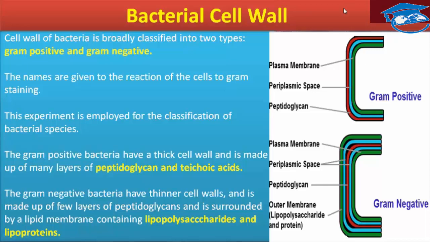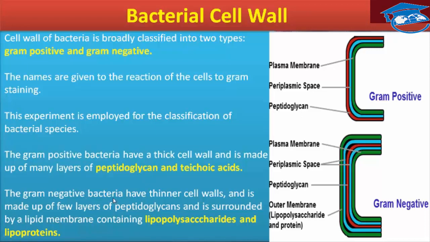And this is peptidoglycan. Peptidoglycan is a characteristic of the cell wall of bacteria. So this is gram positive bacteria. They have a thick cell wall, made up of many layers of peptidoglycan and teichoic acid. Along with the peptidoglycan, teichoic acid is also present in the cell wall of bacteria.